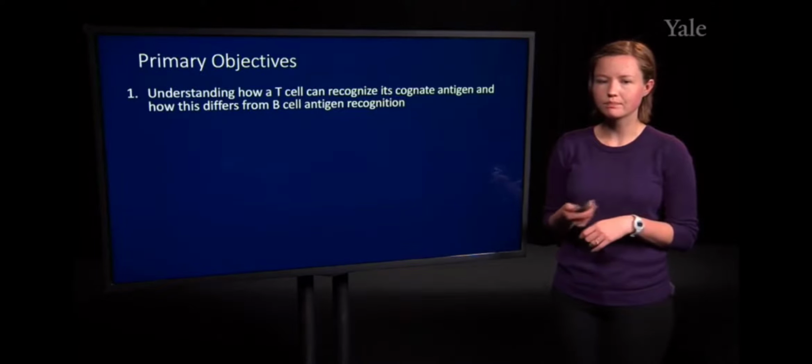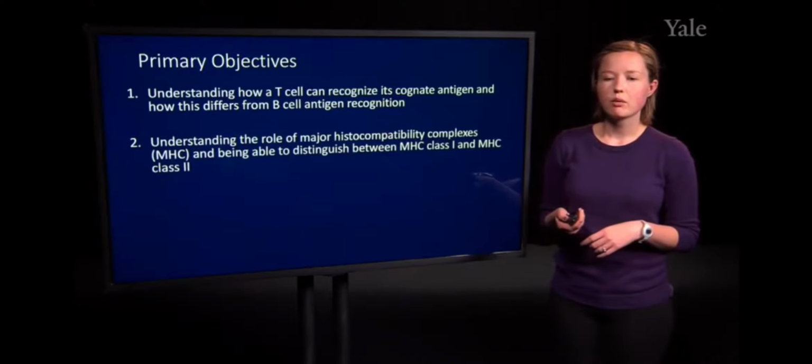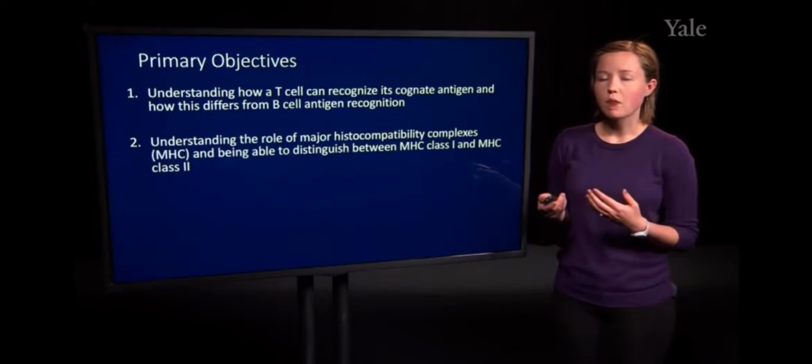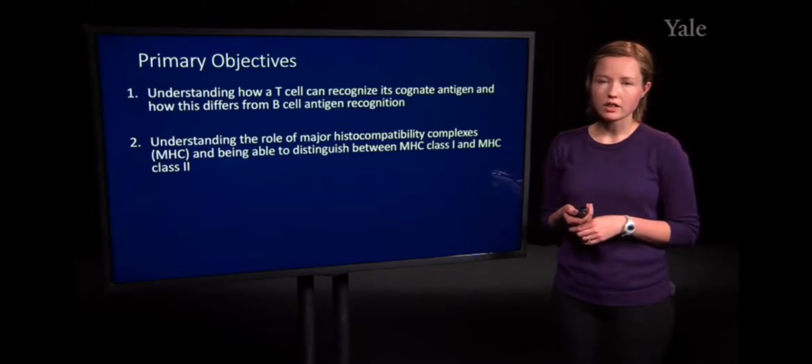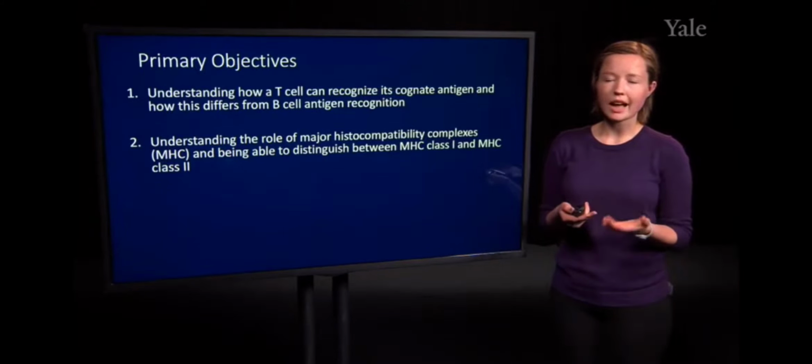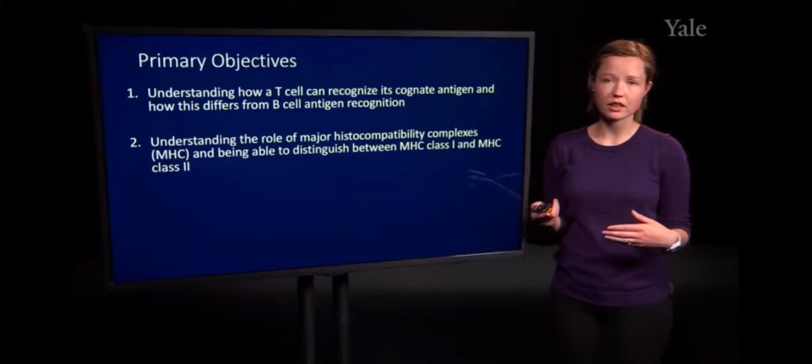Additionally, we want to understand these molecules that are referred to as major histocompatibility complexes, or MHC, and there's an MHC Class 1 and 2. We want to understand how they work, why they're different, and what their different functions are.